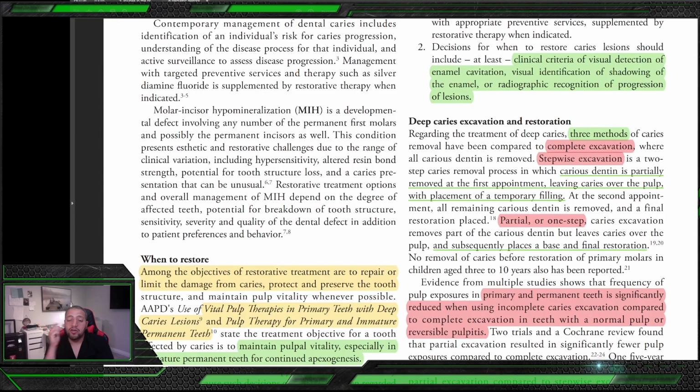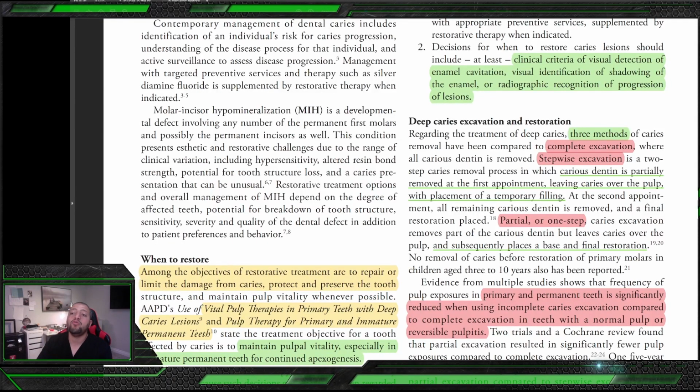If I'm giving you a question about a lower six, and I'm giving you two options, saying this tooth has normal pulp or reversible pulpitis, and the options are complete excavation or partial one-step excavation, then according to this article, according to this conclusion, we should go with partial one-step excavation. Why?